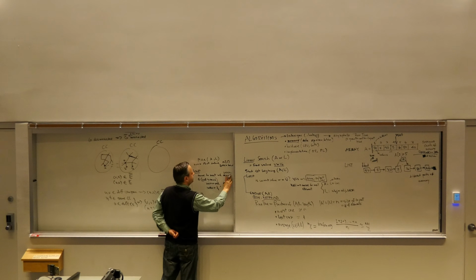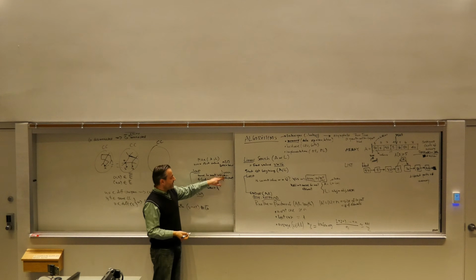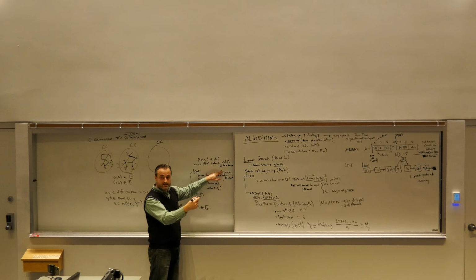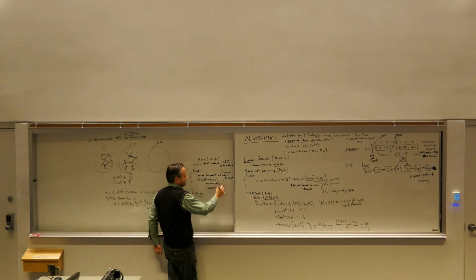This depends on whether you do it with an array or a list. In an array, you move to the next index. In a list, you move to the next object. So index is either the i or the object, depending on whether you do an array or a list.